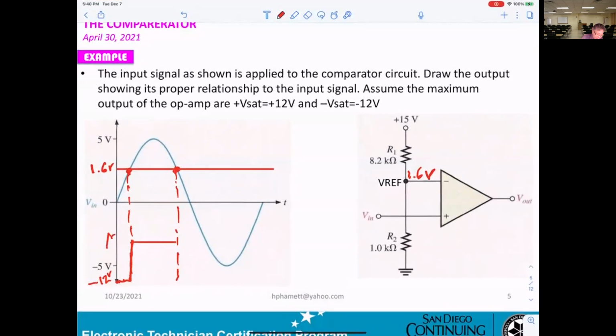This will be 12 volts. And in here, when it is less than, then it goes to the negative saturation. Okay. That's a very simple thing. Okay.